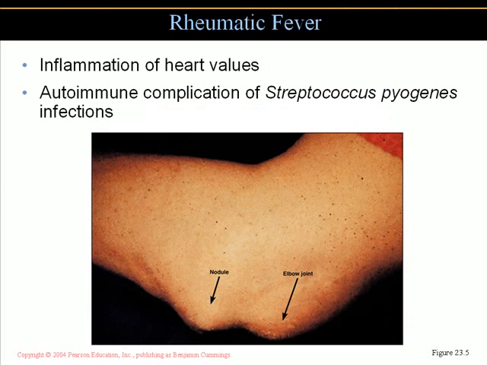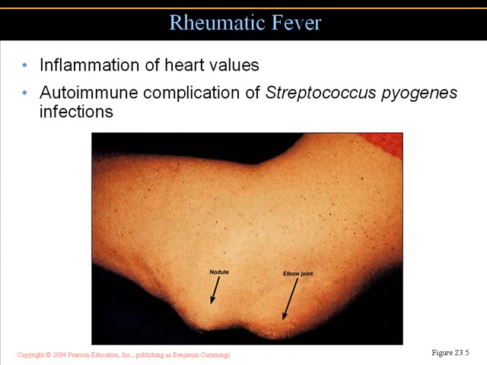Now, rheumatic fever. This is inflammation associated with heart valves, an autoimmune process, which is a complication of strep pyogenes. Now, what is the autoimmune process? Bacteria causes the infection. Our immune system attacks that bacterial invader, that antigen. Okay, that's the first step. That's a normal process, and that's what should occur.